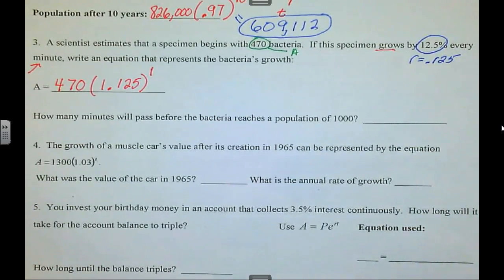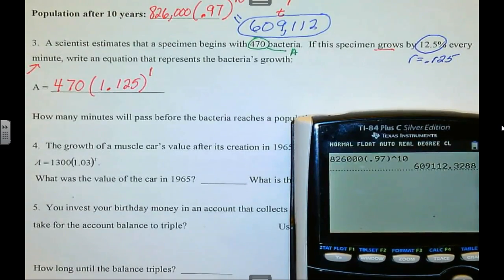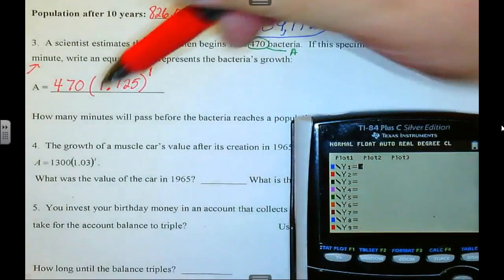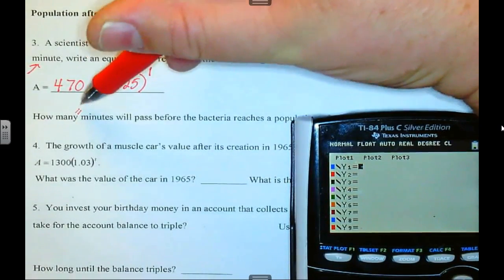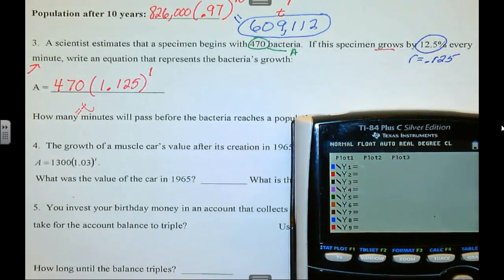That's your y, isn't it? So what you're going to do is plug this into your y equals. We're looking for minutes, right? So that's my t. Okay, so I got to plug it into my graph.